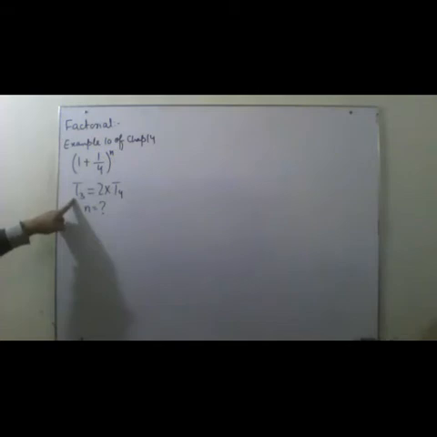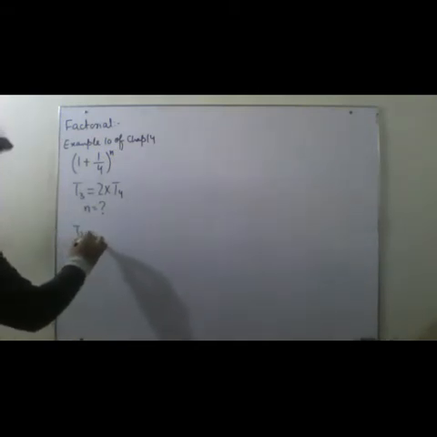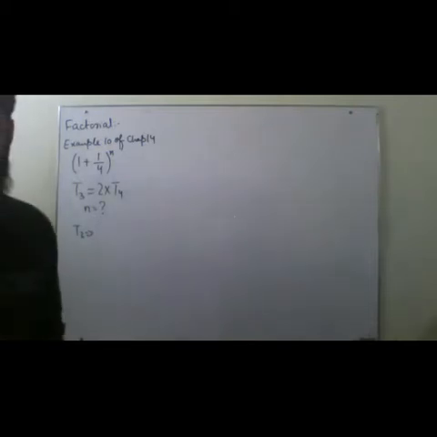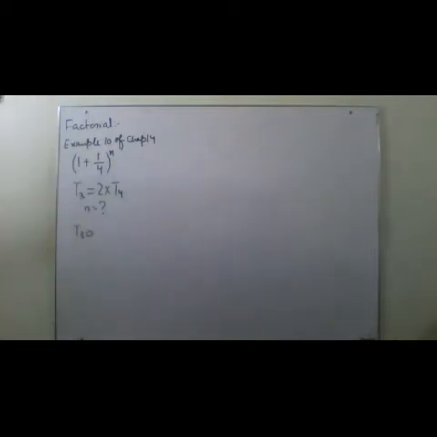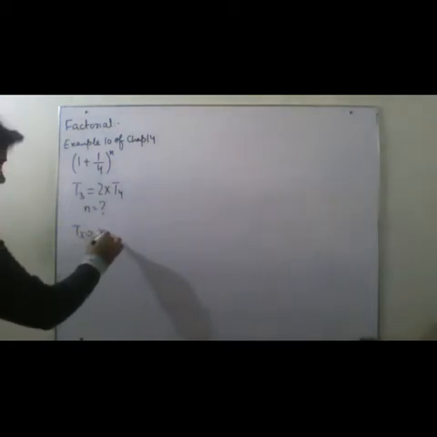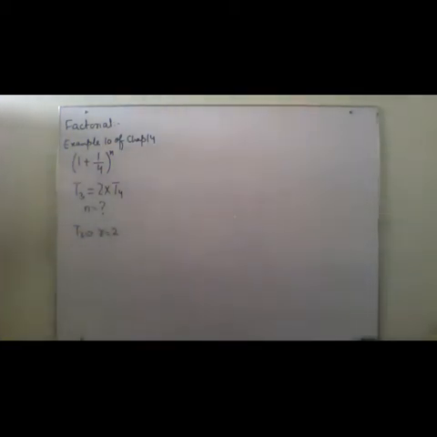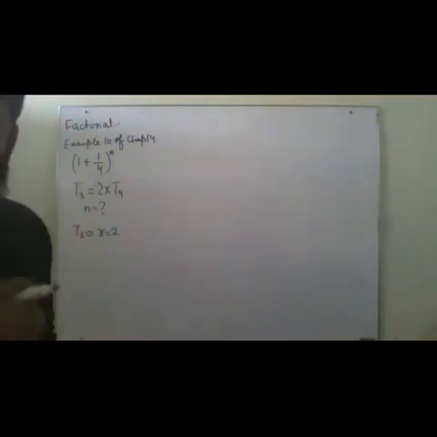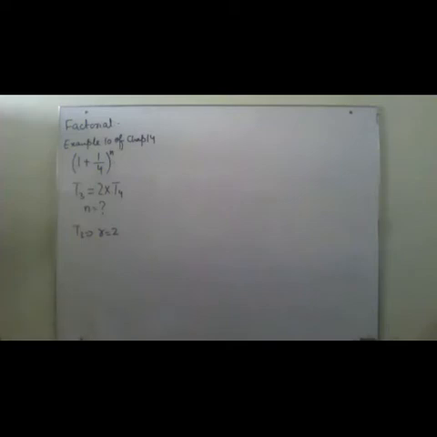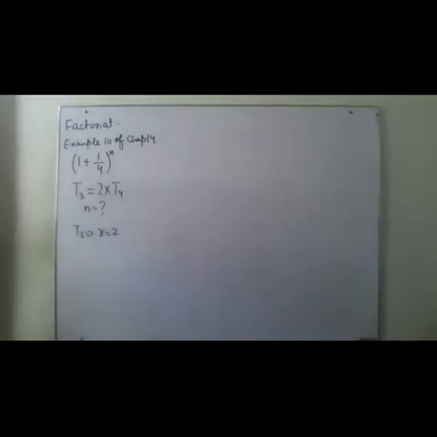First of all, I have to go with the third term, T3. If the third term is given, it means the value of r will be 2. Because I have told you guys that when we are talking about term number in binomial expansion, r is always one number less than the term number.